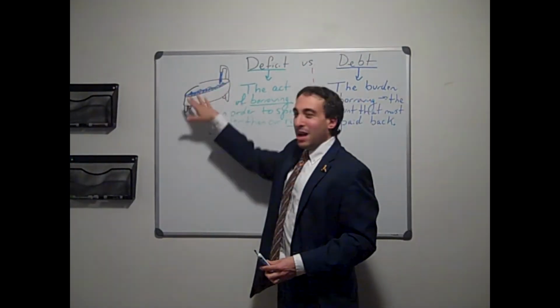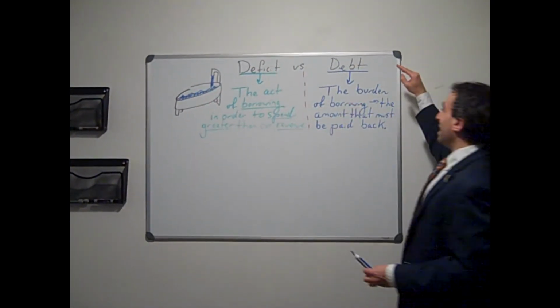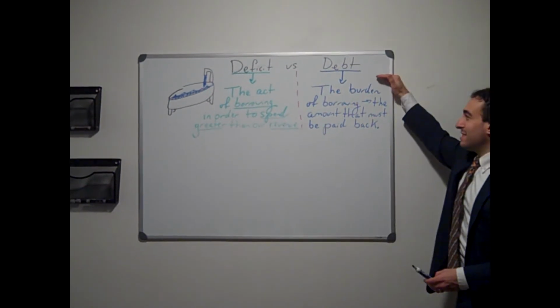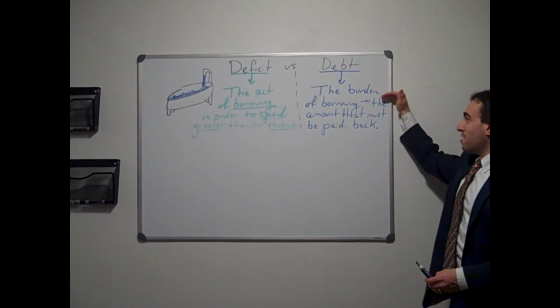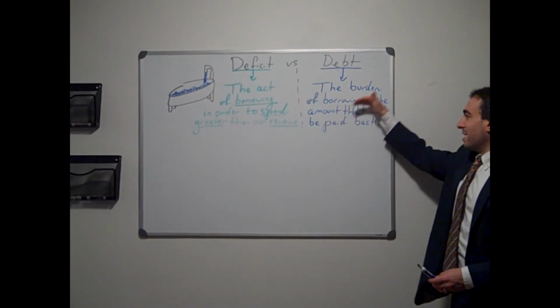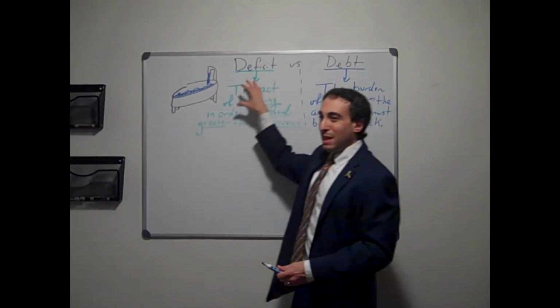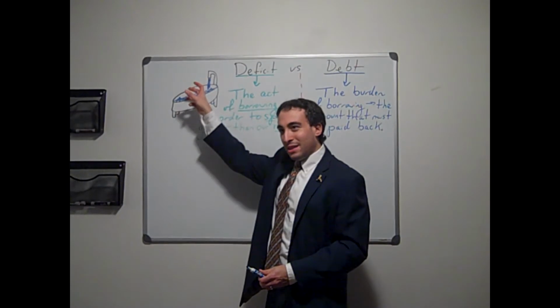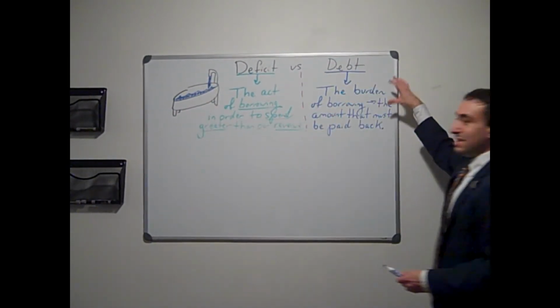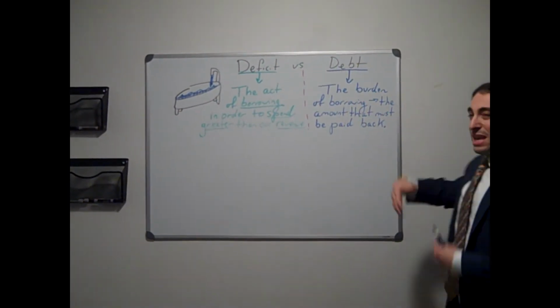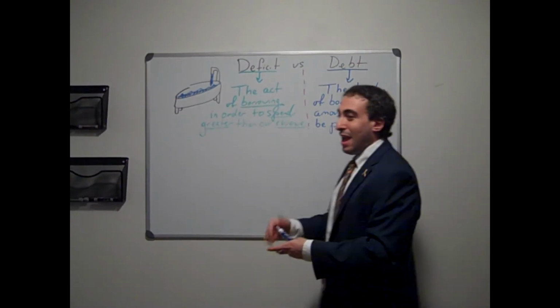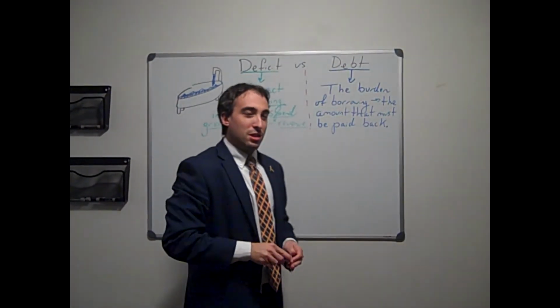That water filling up in blue is our debt. Debt is the burden of borrowing, the amount that must be paid back. So deficit spending, turning on the bathtub, creates the debt burden. It will increase the national debt and will increase your own personal debt.